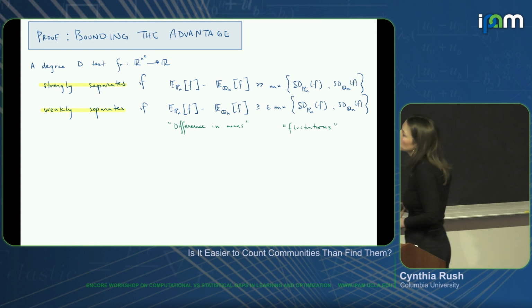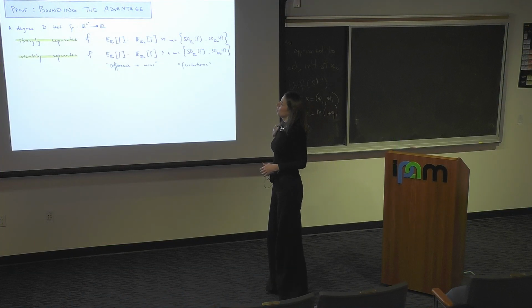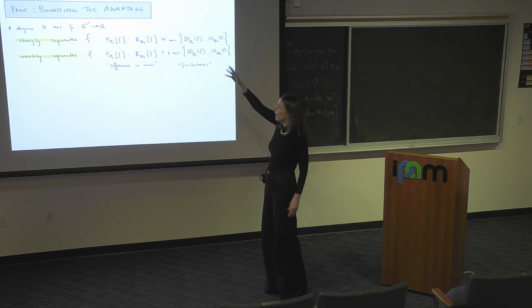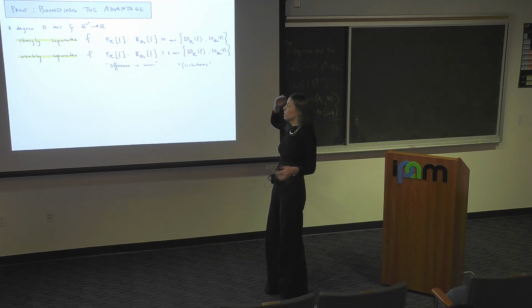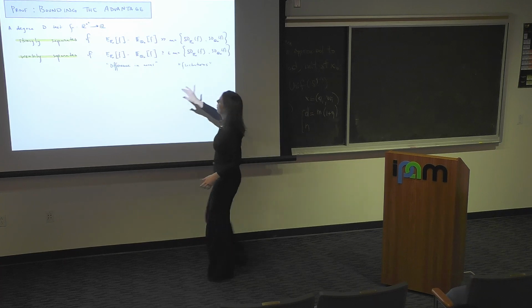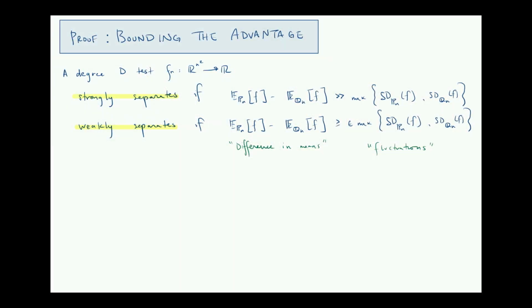So we said that if we look at a polynomial or a test f, then the test is going to be good. It's going to help us distinguish between the null and the alternative hypothesis if the difference in means that it gives rise to is larger than the max of the standard deviations.